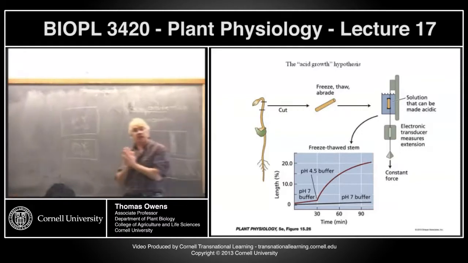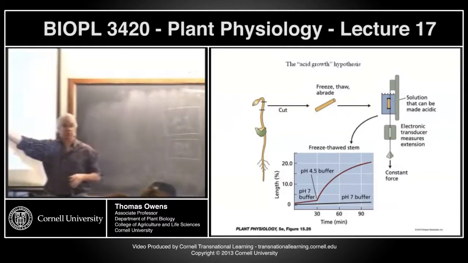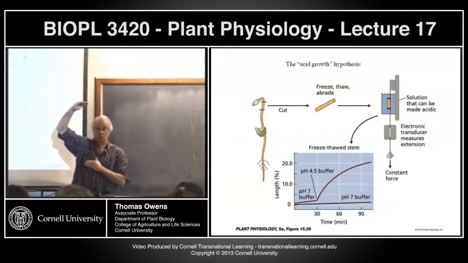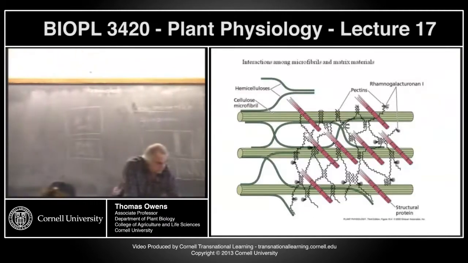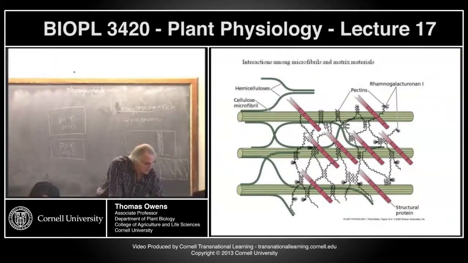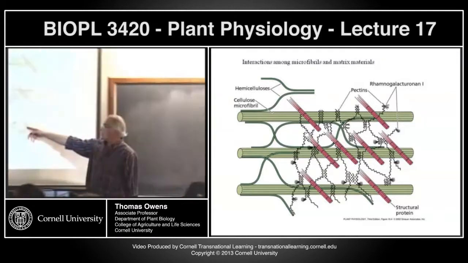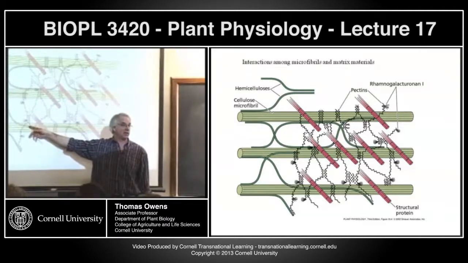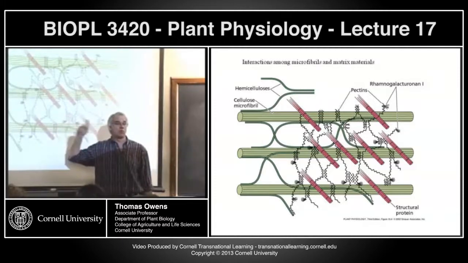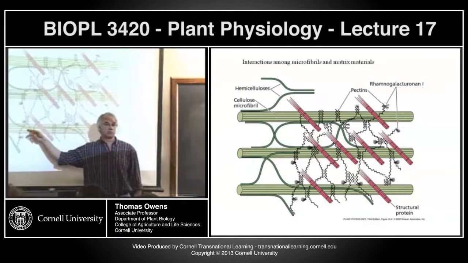So the fact that acidification causes the cell walls to stretch under this pressure. Here's the challenge for you for today. If you think about all the interactions, all the non-covalent interactions that hold this together, how does making the wall more acidic lead to a loosening of these interactions?